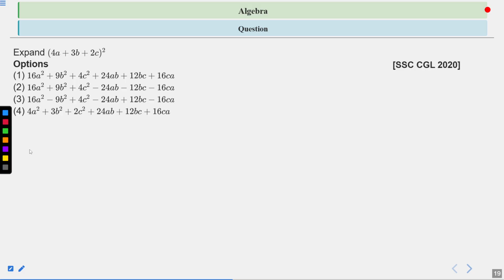Second: 16a square plus 9b square plus 4c square minus 24ab minus 12bc minus 16ca. Third: 16a square minus 9b square plus 4c square minus 24ab plus 12bc minus 16ca. Fourth: 4a square plus 3b square plus 2c square plus 24ab plus 12bc plus 16ac.